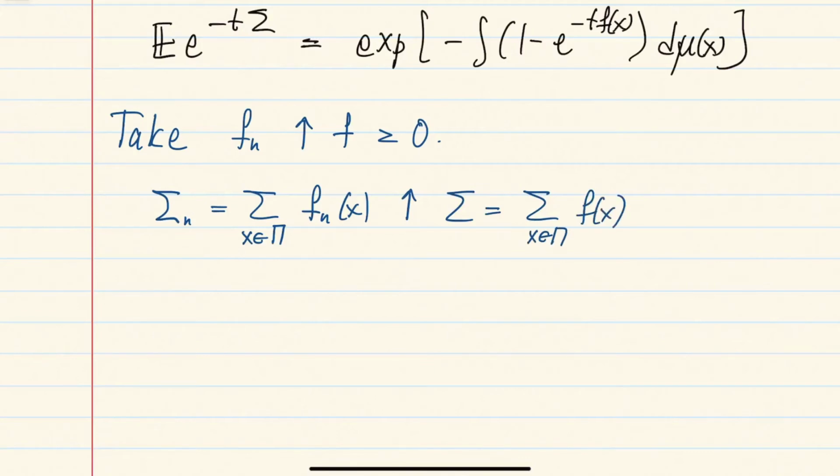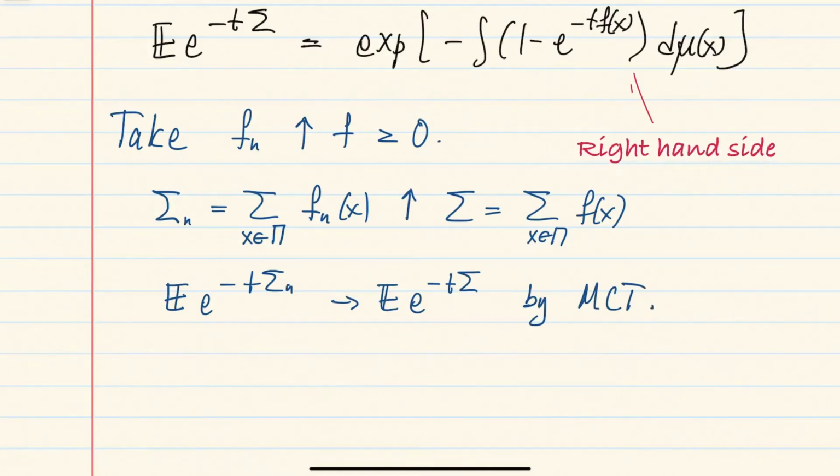That's of course because all our functions here are non-negative, and for non-negative series you can interchange the limit and the summation. As a result, the expectation of e to the minus t sigma n will converge to the expectation, or Laplace transform, of sigma just by the monotone convergence theorem.